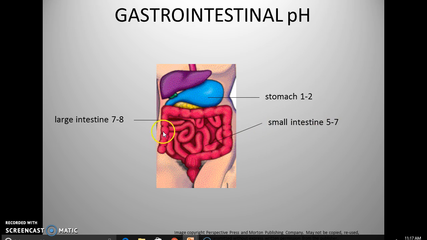And then the large intestine you see here with a pH of 7 to 8. So the large intestine is more alkaline in comparison to the small intestine and the stomach.